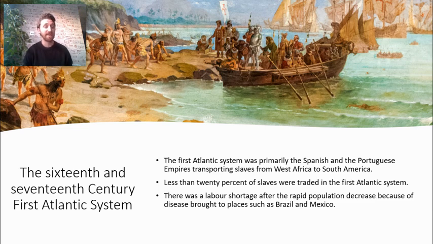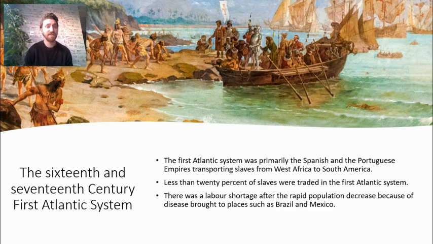That is what is known as the first colonial system. And in terms of numbers of slaves transported, it is much smaller than the second Atlantic system, which I'll go on and discuss in more detail in a minute.